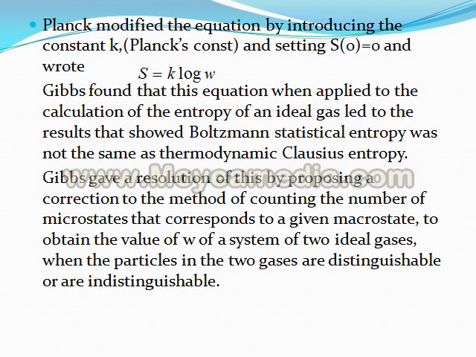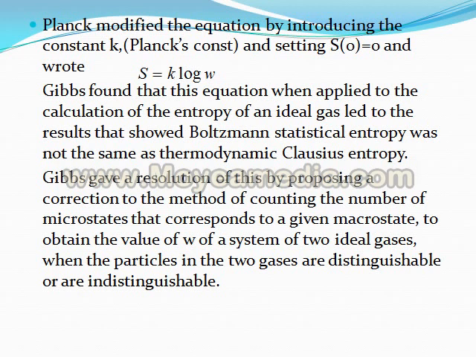Planck modified the equation by introducing the constant K, and setting S naught equal to 0, and wrote S equals K log W. Gibbs found that this equation, when applied to the calculation of the entropy of an ideal gas, led to results that showed Boltzmann's statistical entropy was not the same as thermodynamic Clausius entropy.